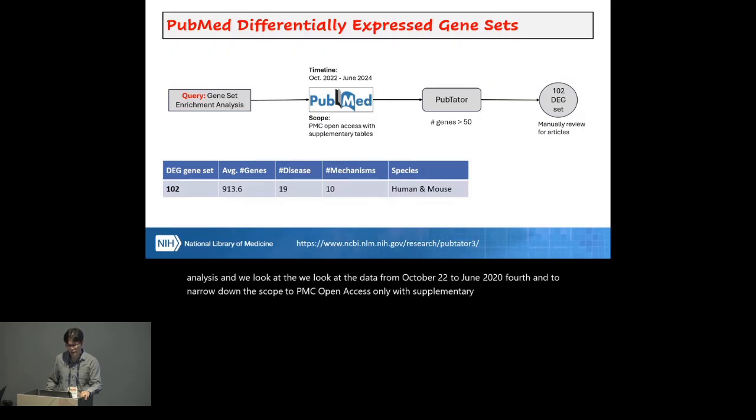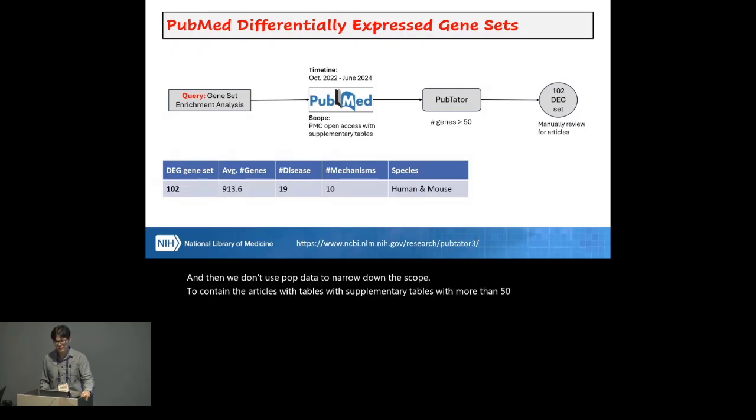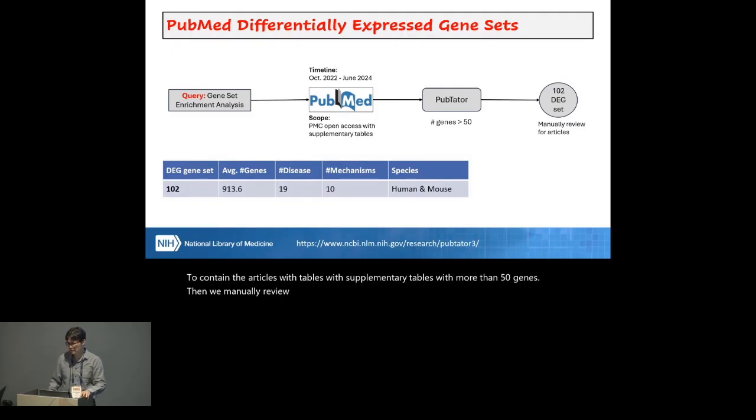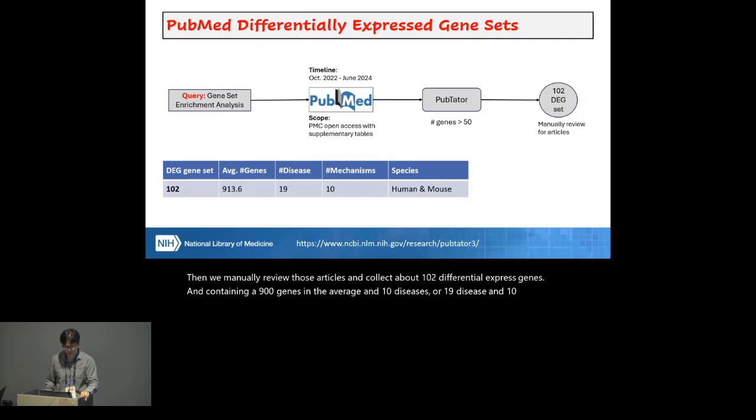Then we narrowed down the scope to articles with supplementary tables containing more than 50 genes. Then we manually reviewed those articles and collected about 102 differentially expressed gene sets, containing 900 genes on average, and 19 diseases and 10 mechanisms, including human and mouse.